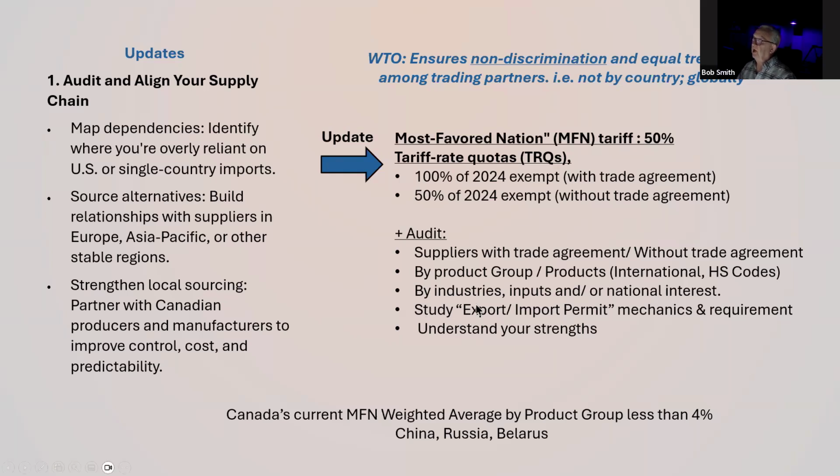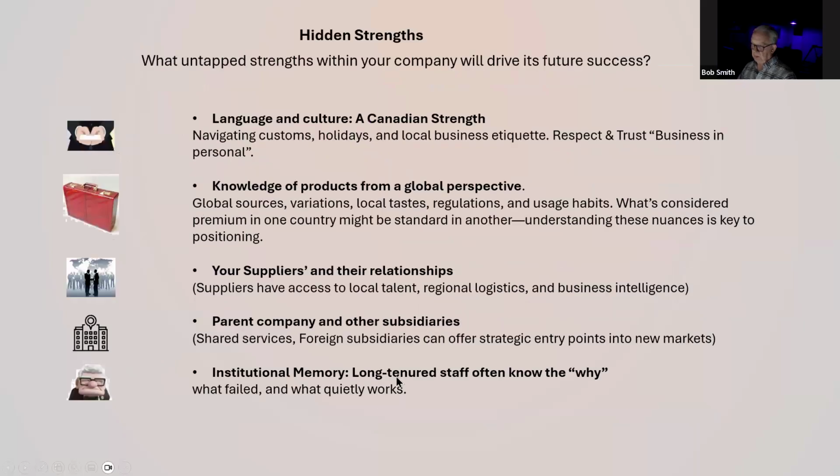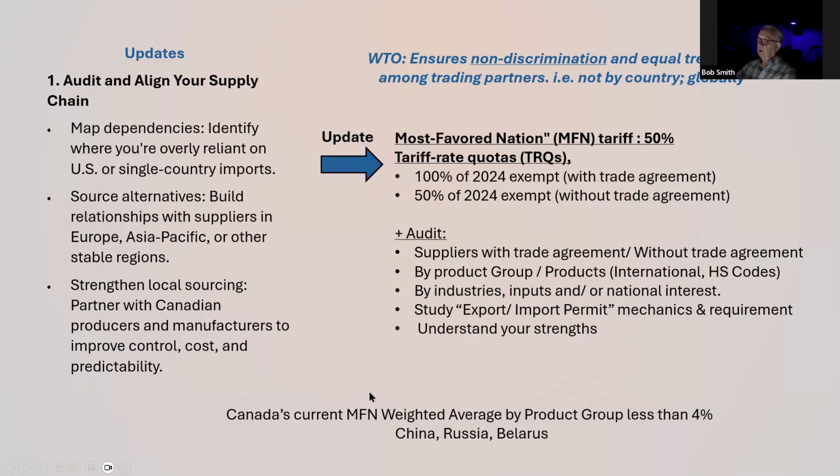As I said before, study import permits, how the mechanics work, and what the requirements are. And the other one, which is understand your own strength. Right now, you have current most favored nation. The average tariff that is actually paid, and that includes all the dumping charges against China, is only 4%.